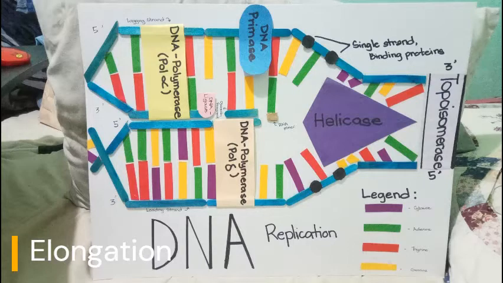Due to the limitation of DNA polymerase to synthesize only in the 5' to 3' direction, the two newly synthesized strands grow in opposite directions because of the antiparallel structure of the template DNA. The leading strand is synthesized continuously towards the replication fork as helicase unwinds the template double-stranded DNA.